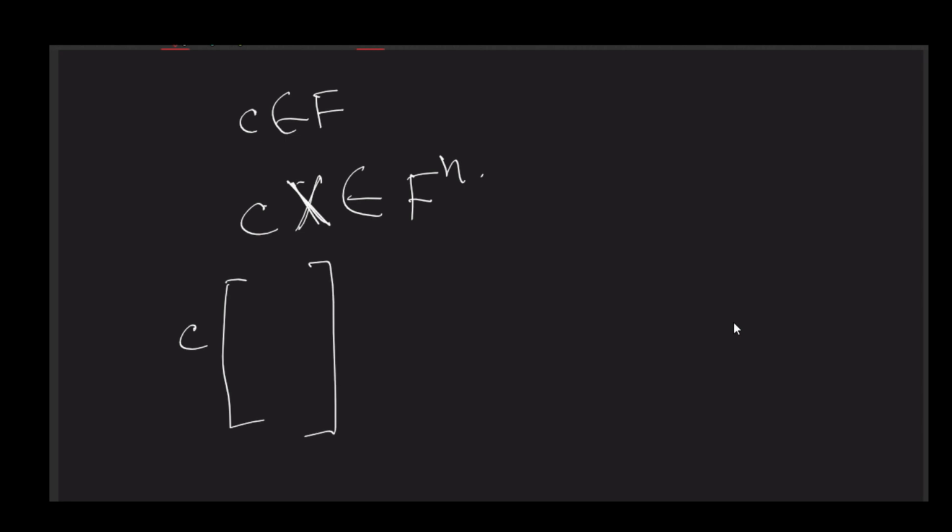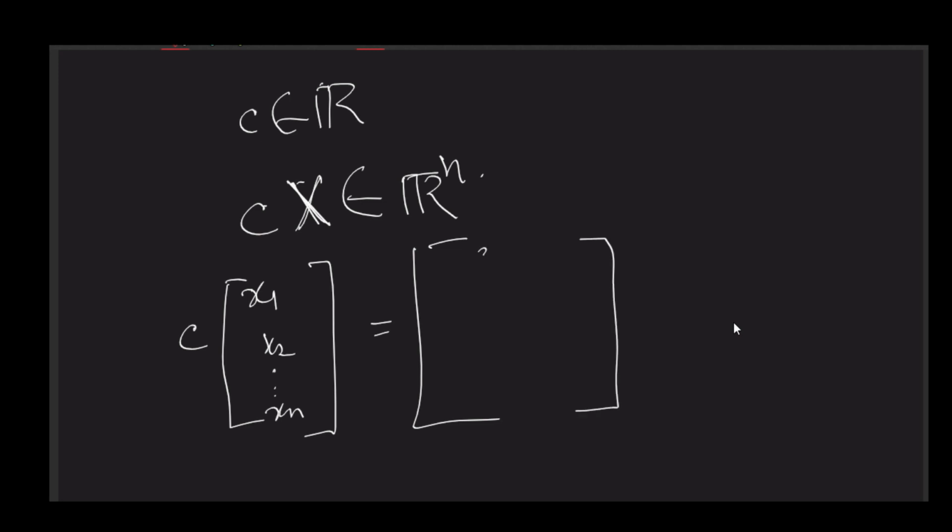For R, if c belongs to R and this is Rn, you will get a structure like x1, x2, xn, and it is easy to show that it will give you cx1, cx2, cxn.